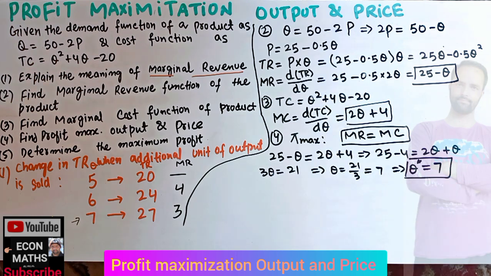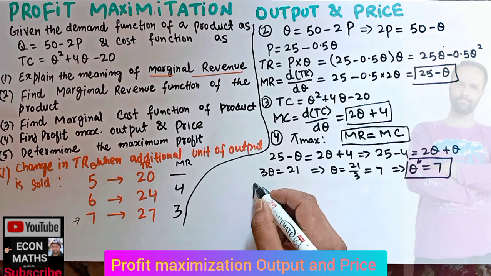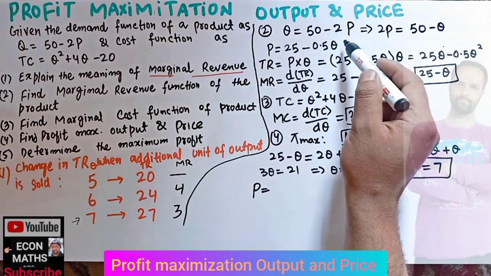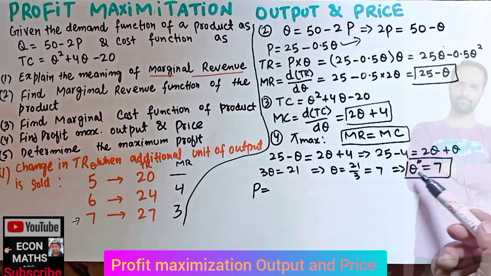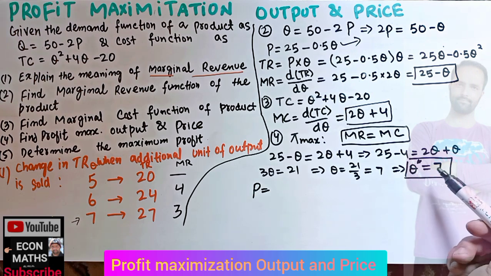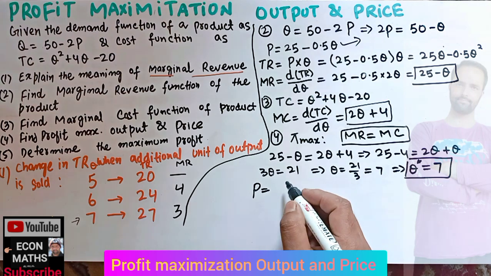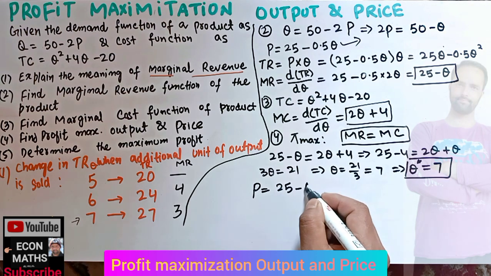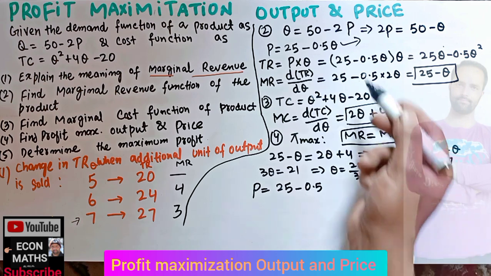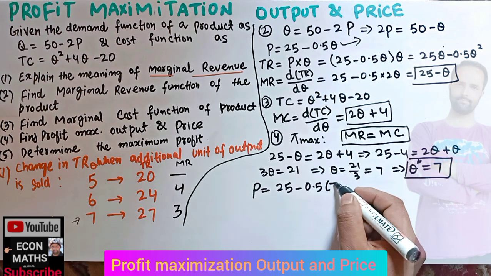Now what is the profit maximizing level of price? Price p will be equal to, this is our inverse demand function. Just plug the value of the profit maximizing level of output in that, and you will get the profit maximizing price. So p will be equal to 25 minus 0.5 times the optimal value of q, which we got as 7.